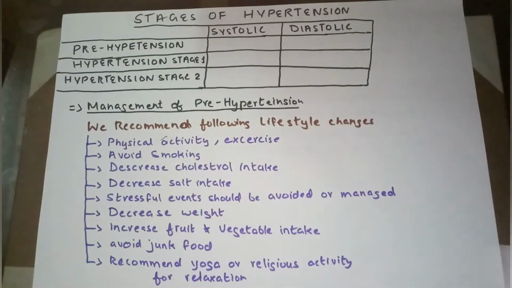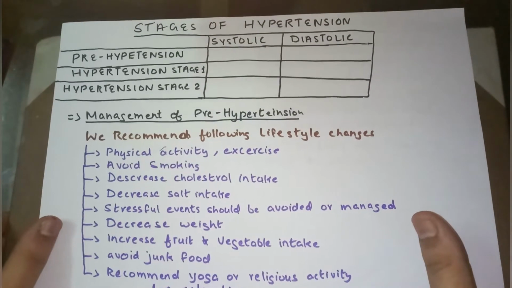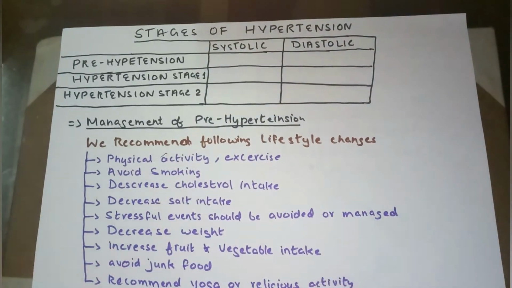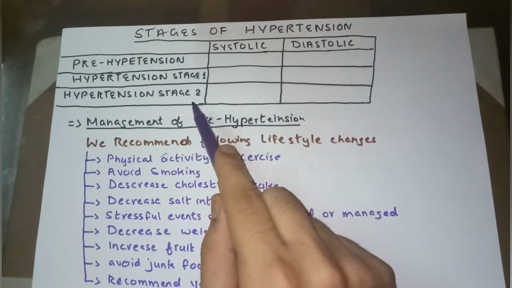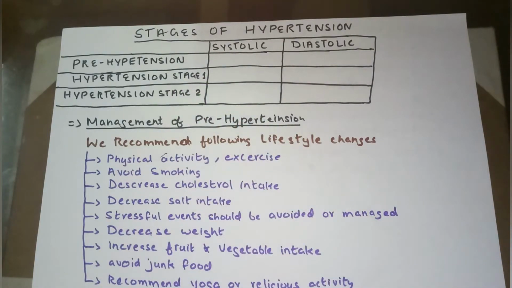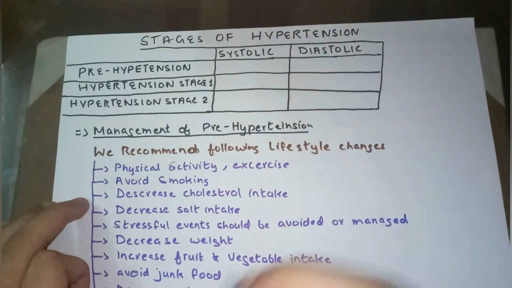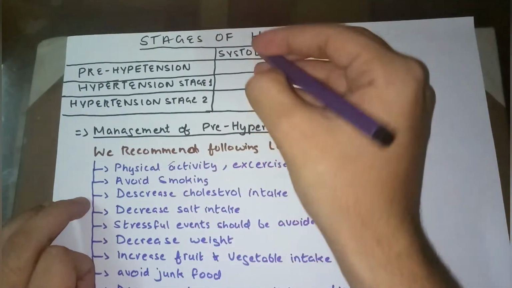Okay, so now let me tell you, the stages of hypertension are classified into three main stages: pre-hypertension, hypertension stage 1, and hypertension stage 2. So what is pre-hypertension?